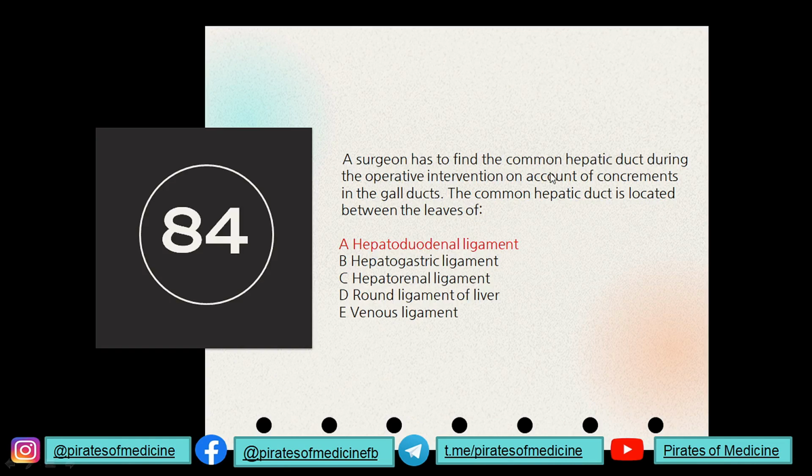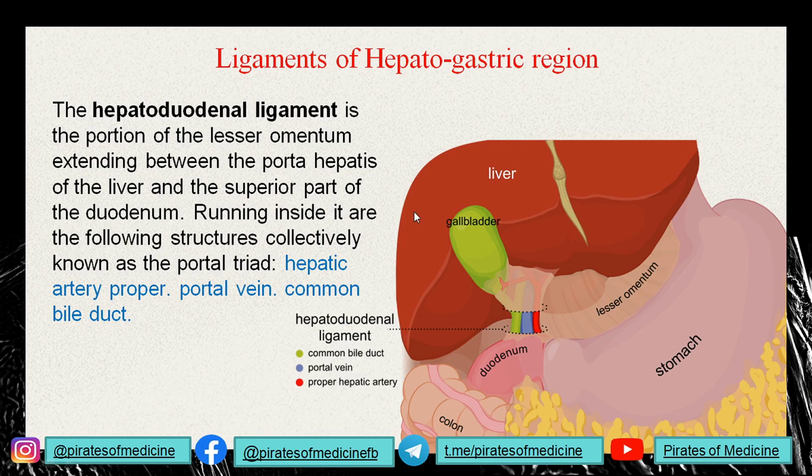84th question is that the surgeon has to find the common hepatic duct during the operative intervention on account of concrements in the gall ducts. The common hepatic duct is located between the leaves of... So we have a few ligaments of the hepatogastric region. First of all, we have the hepatoduodenal ligament. The hepatoduodenal ligament is the portion of the lesser omentum extending between the porta hepatis of the liver and the superior part of the duodenum.